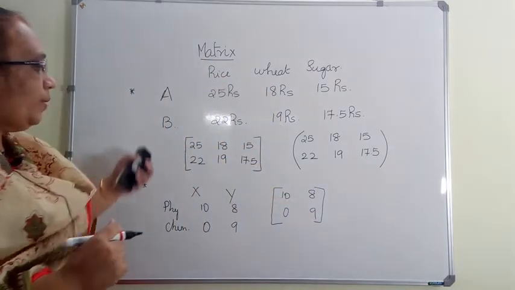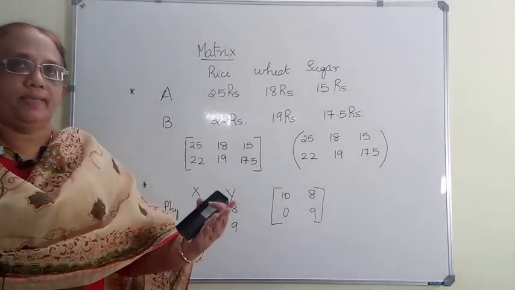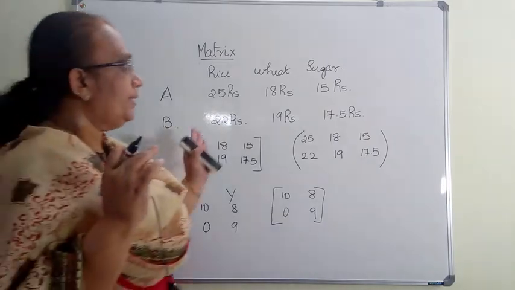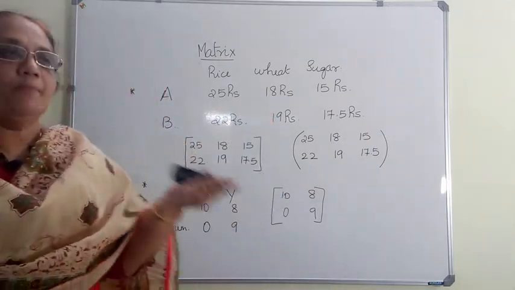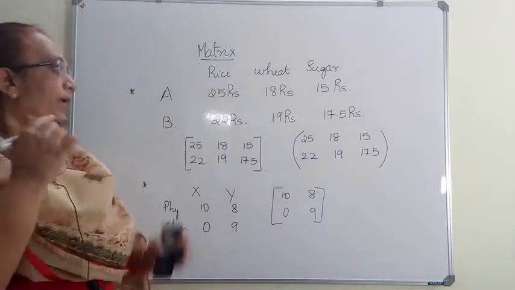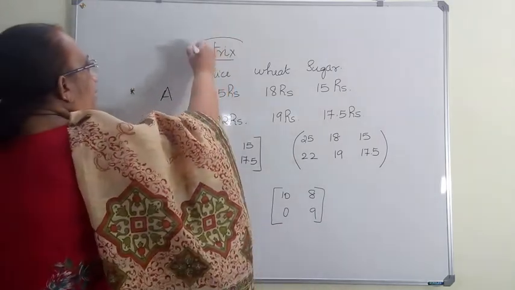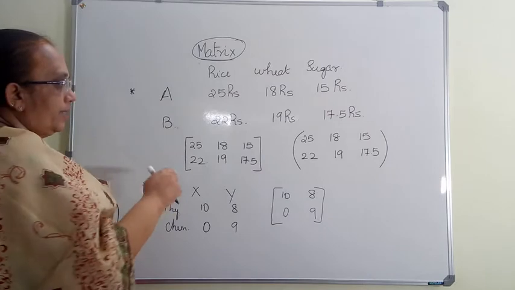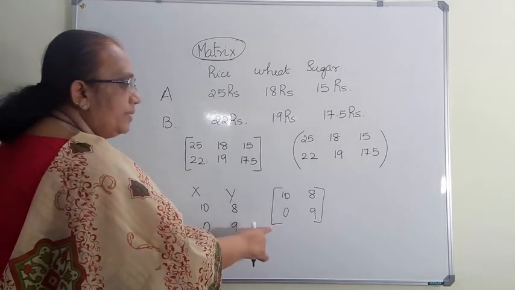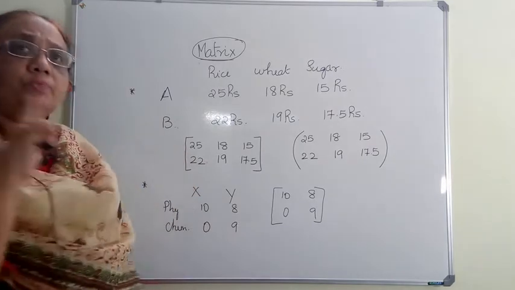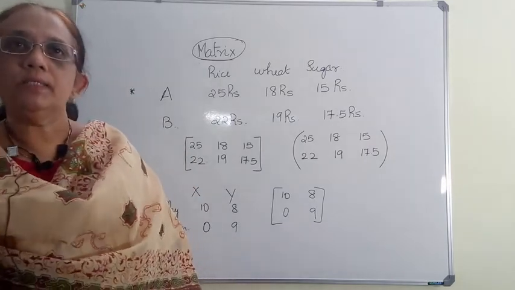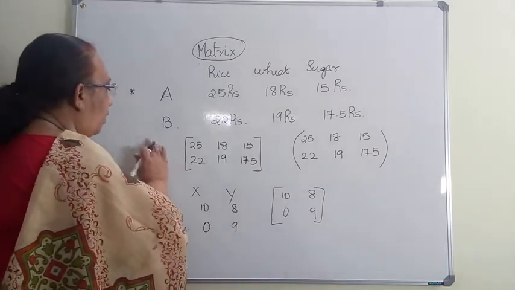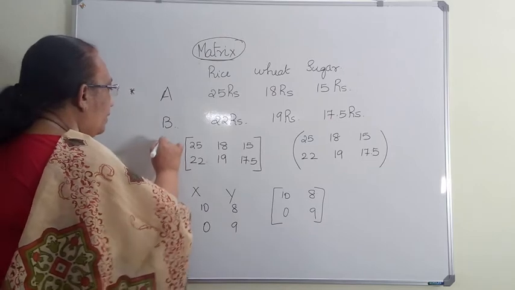So, in these two examples, you can see that the big data is now condensed into tabular forms. This method of writing elaborate data into a compact table is what is meant by a matrix. Now you can see the first matrix is different from the second matrix. That means each matrix is unique. We represent a matrix by using capital letters of the English alphabet.